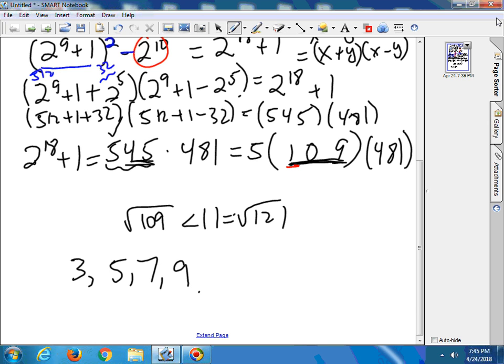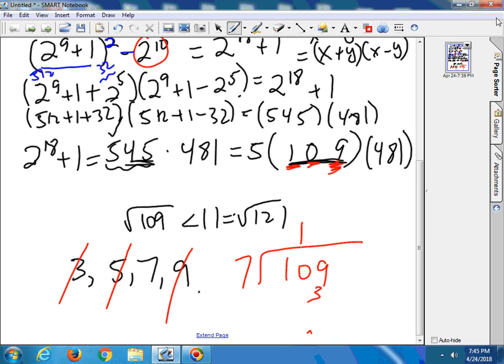Well, if you add the digits of 109, they add up to 10. So 3 doesn't go into that, nor does 9. And 5 doesn't go into a number that ends in 9. So it's all up to 7. Does 7 go into 109? Well, 7 goes into 10 one time with 3 left over, but 7 doesn't go into 39 evenly.